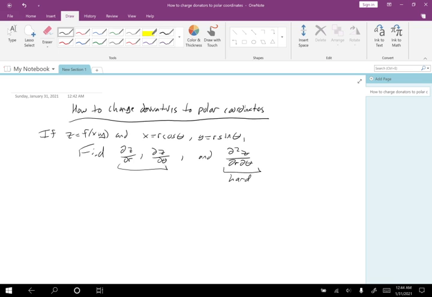These just follow from the chain rule. And the chain rule, how would I do the chain rule in this case? For the sake of simplicity, I would write z as just a function of x of r and y of r.